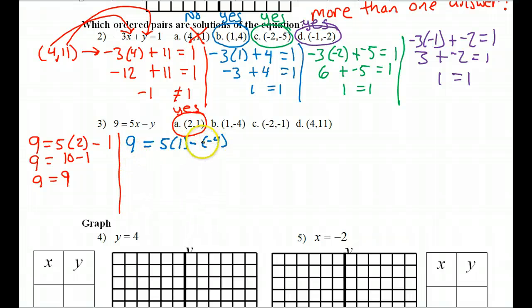Don't forget that there are two of them, so this will become 5 times 1 is just 5. But minus a negative, when you subtract a negative number, it becomes addition. So 5 minus negative 4 is the same thing as 5 plus 4. And of course 5 plus 4 is 9. So yes, that also is a solution.